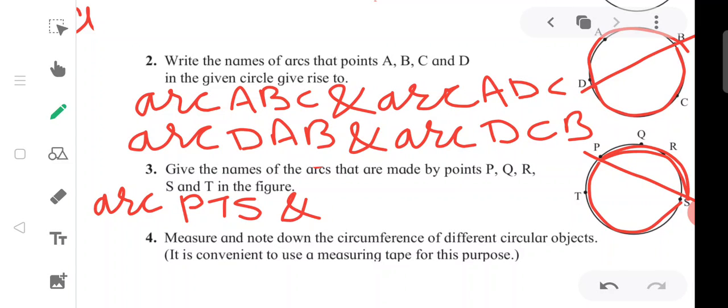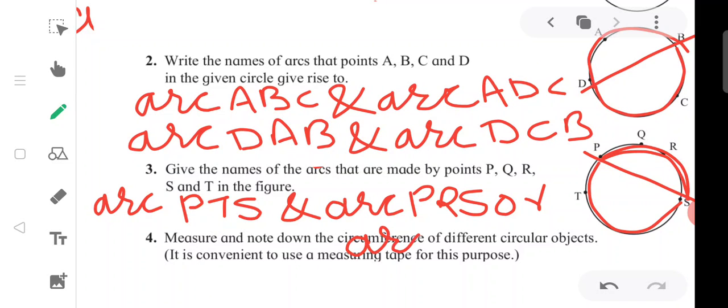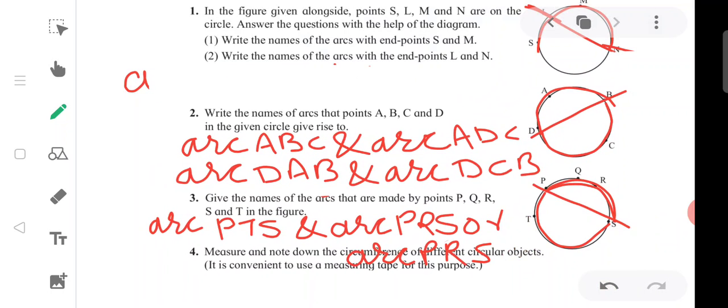See, here we have arc PTS and arc PQS or arc PRS.